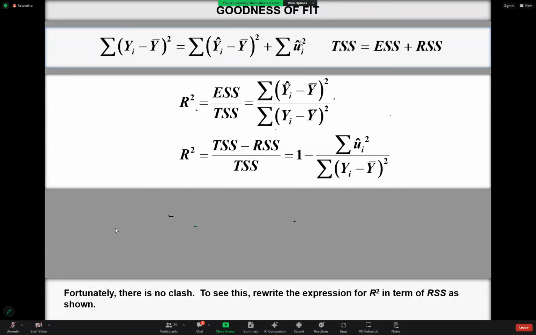Okay. Now you can see another equation for R square. How do we get this equation?